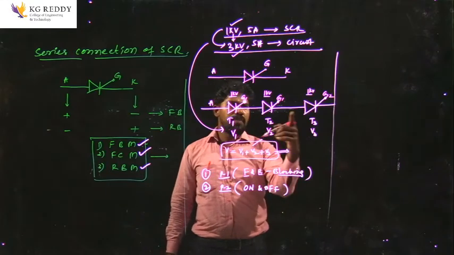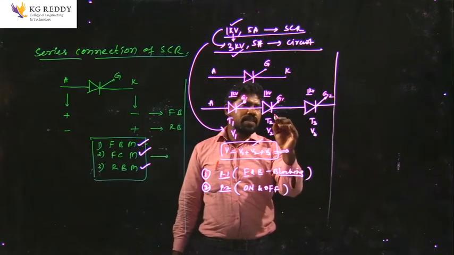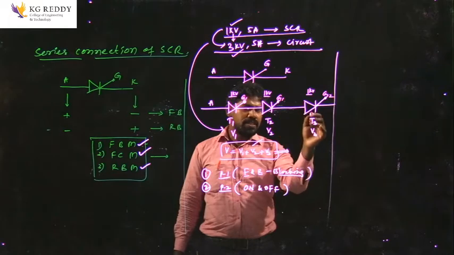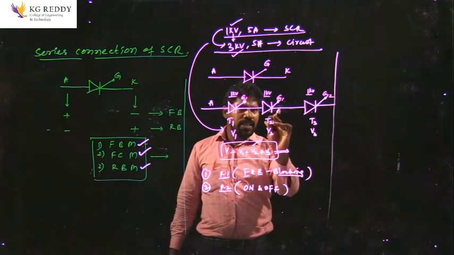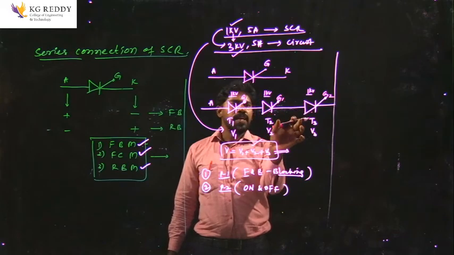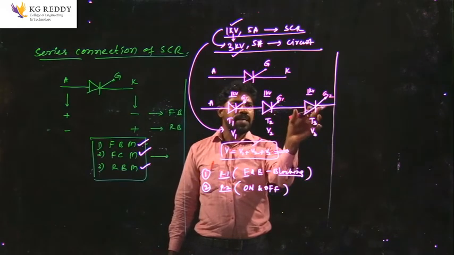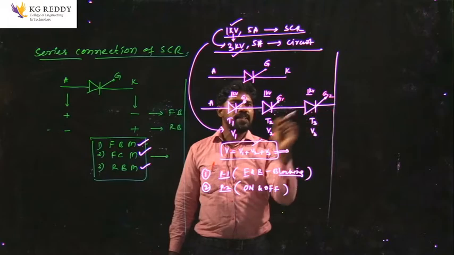Suppose SCR1 triggers first. Then what will happen? There will be more loading across SCR2 and SCR3.